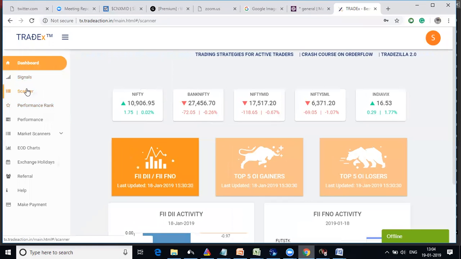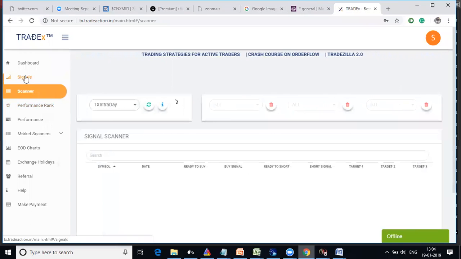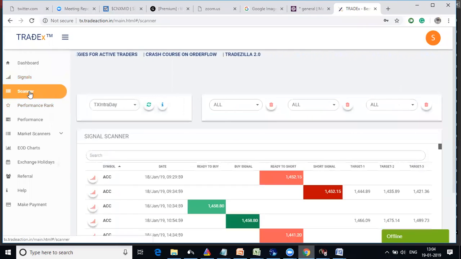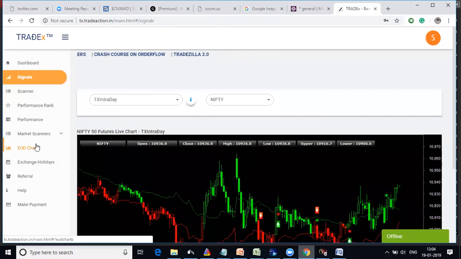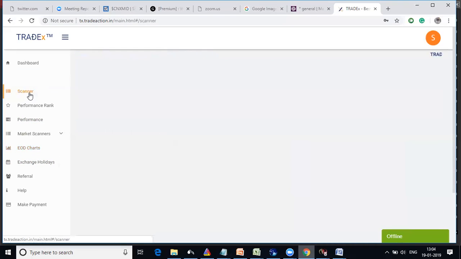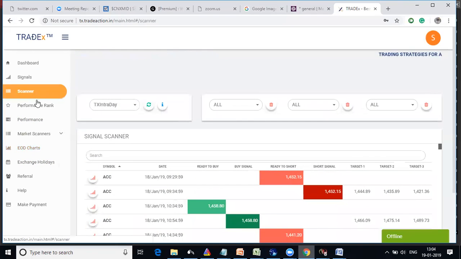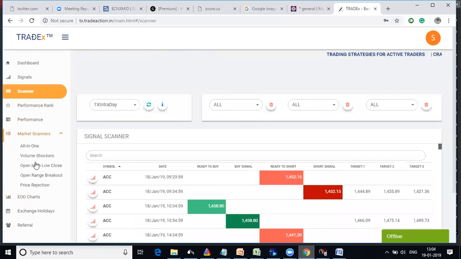And if you go to the scanner, it's under scanners, right? Not signal scanners, but market scanners, yeah.